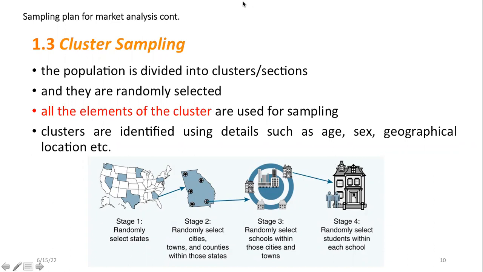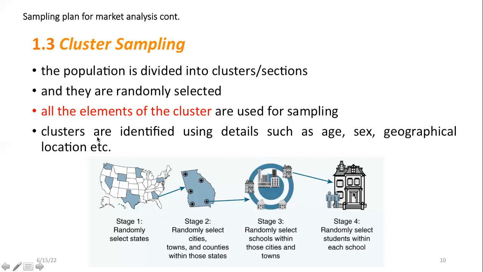So if we come to do a survey with school children in Sri Lanka, how do we do it? We can apply the cluster sampling method. It means it is impossible to use all the students from schools.